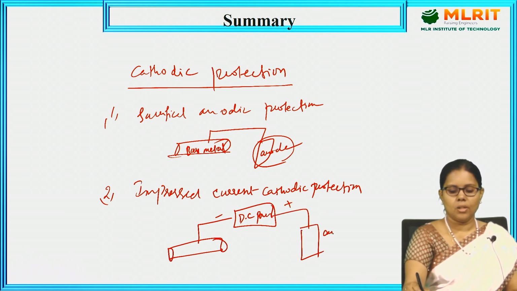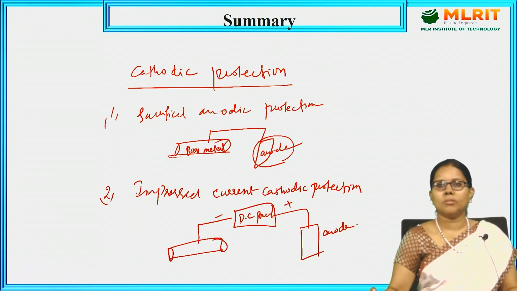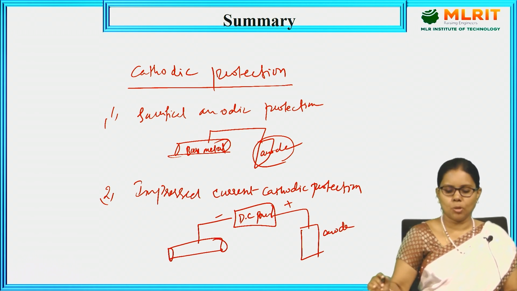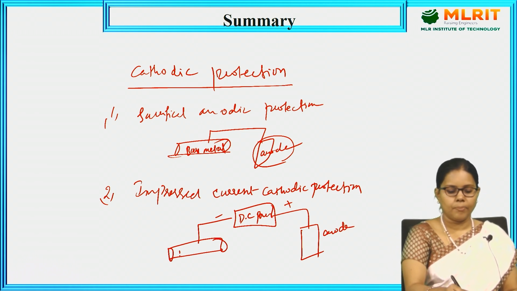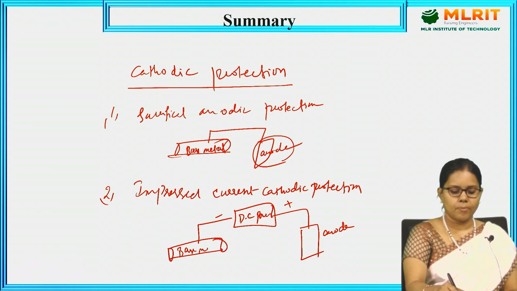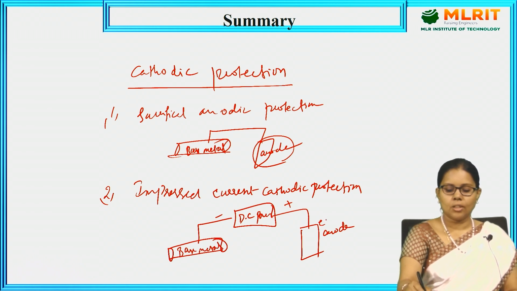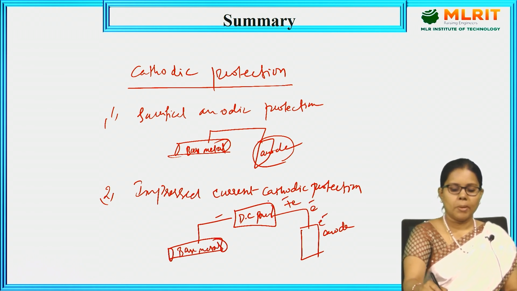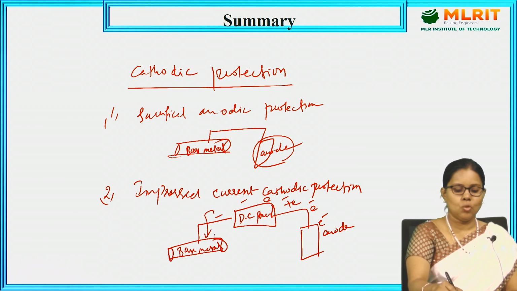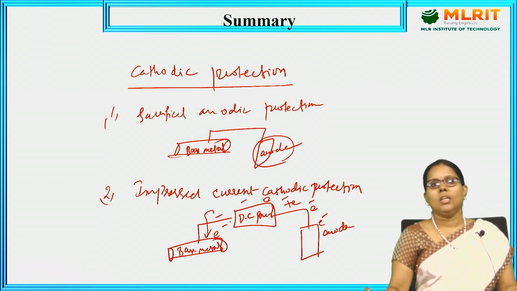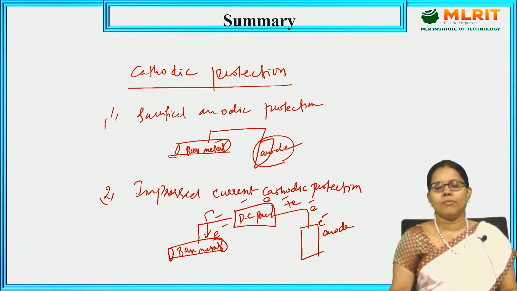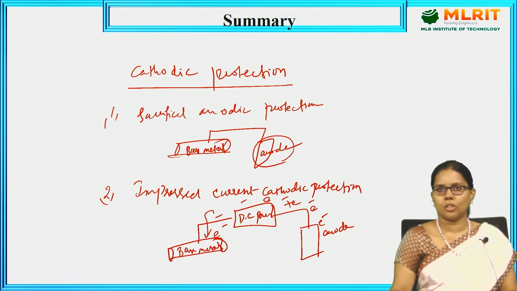The anode is made up of stainless steel which is buried in gypsum or any other material. So, the released electrons from the anode will move towards the cathode, nothing but the base metal. Therefore, it acts as a cathode and it gets protected.